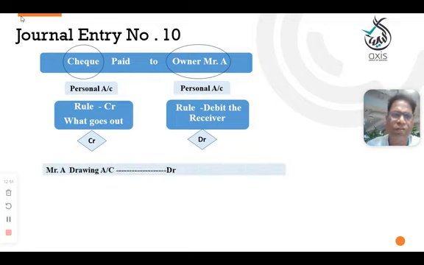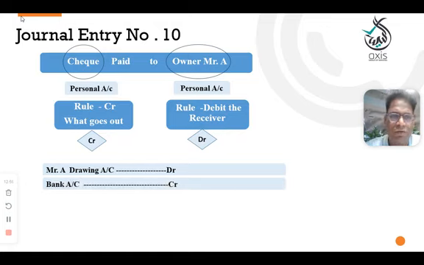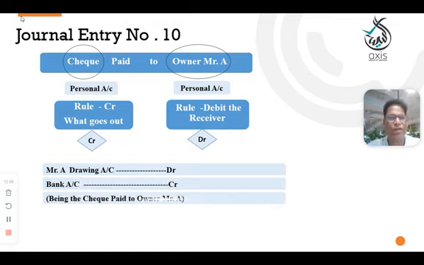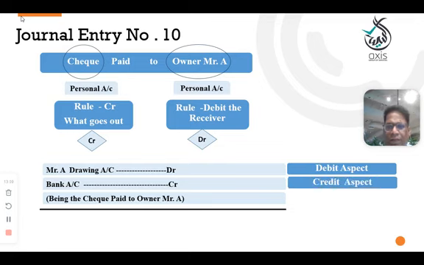So here Mr. A's drawings. When the owner takes cash, we will call it a drawings account. Okay. So Mr. A drawings account debit, bank account credit. So the entry is being the check paid to Mr. A, debit aspect, credit aspect, narration and underline.